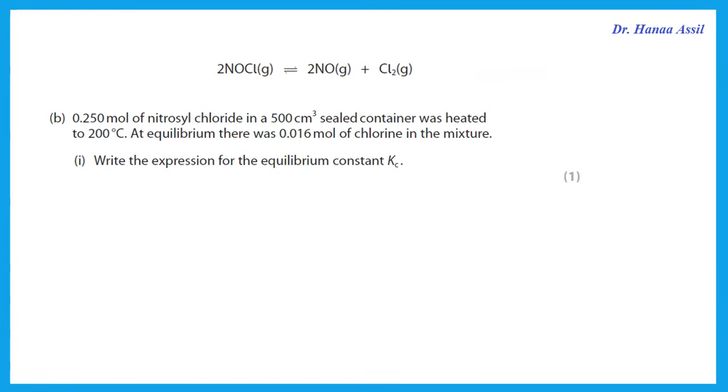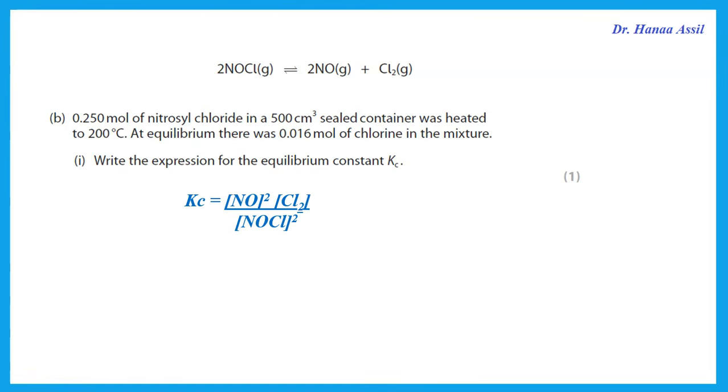0.25 mole of nitrosyl chloride in a 500 centimeter cubed sealed container was heated to 200 degrees Celsius. At equilibrium, there was 0.016 mole of chlorine in the mixture. First of all, write the expression for the equilibrium constant. Again, we need Kc, so we're talking about concentrations.